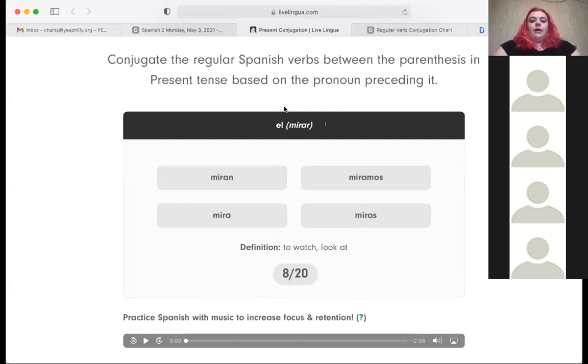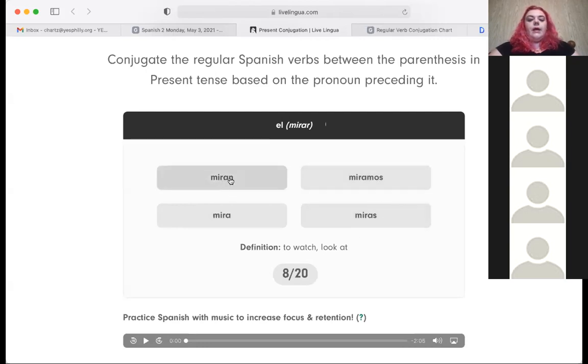Okay. Yep, you were right. So we have el here, that's our subject, and we have mira, and that's to look or to watch. So el, it's an AR verb, right? And it's el, he. So is it going to be miran, mira, miramos, or miras?